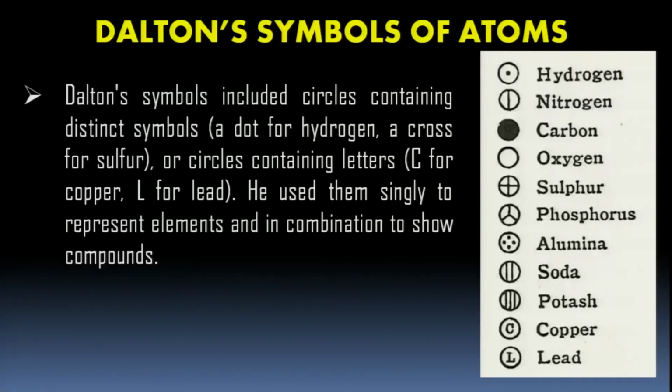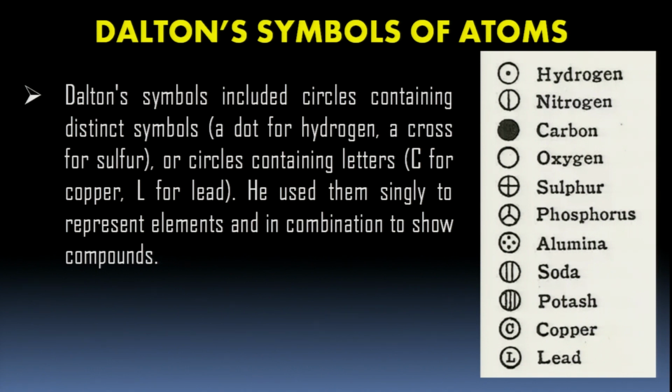Dalton's symbols of atoms. Now children, you are seeing on the screen certain symbols and the names of the elements also. Dalton's symbols included circles. You can see those circles over here containing distinct symbols. A dot for hydrogen.